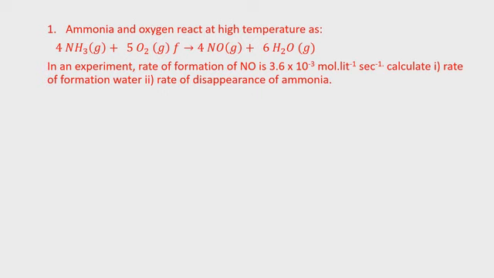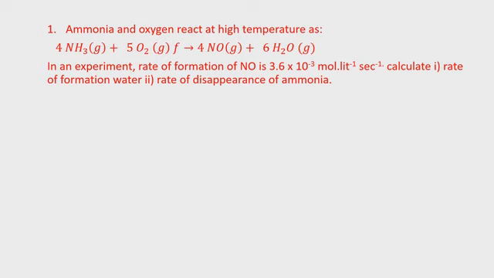Next question. Ammonia and oxygen react at a high temperature as 4NH3 plus 5O2 gives 4NO plus 6H2O. In an experiment, rate of formation of NO is 3.6 into 10 power minus 3 mole liter inverse second inverse. Calculate rate of formation of water and rate of disappearance of ammonia.